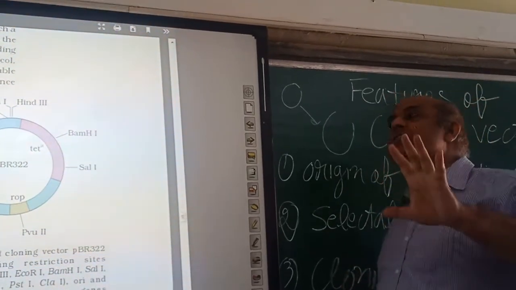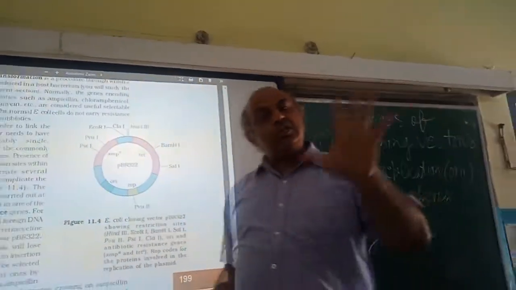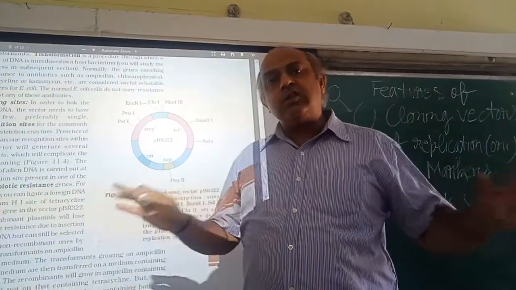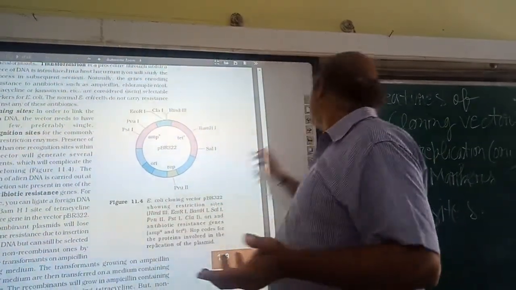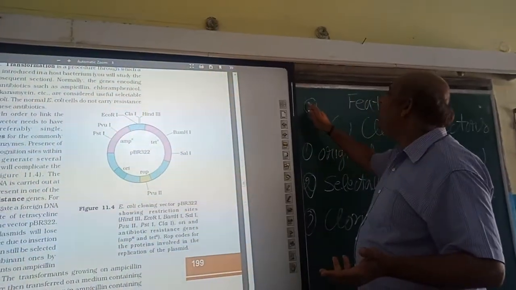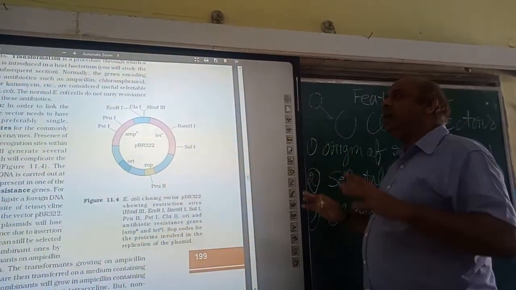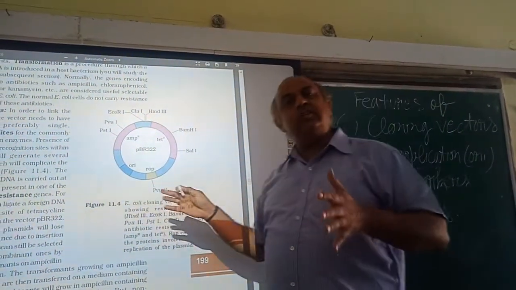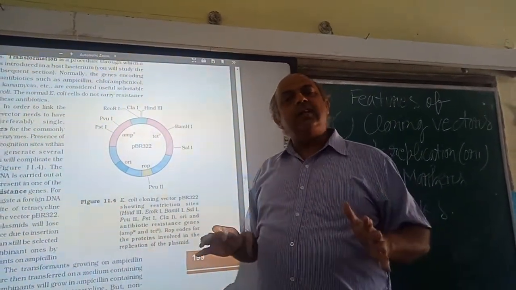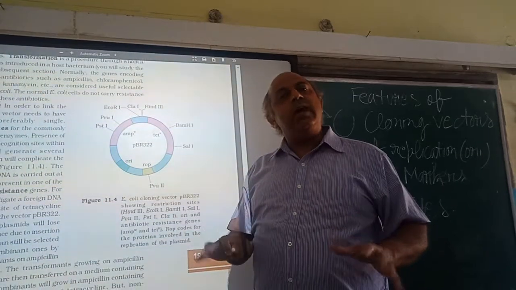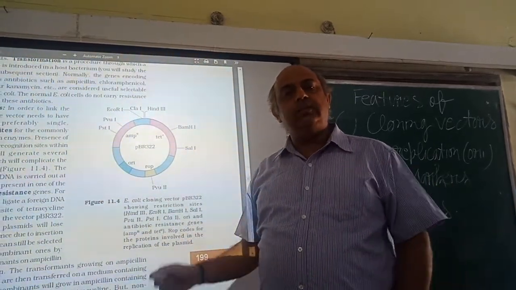If more than one restriction site of a particular restriction enzyme is present, the plasmid will not work because it will get divided into a number of pieces depending upon the restriction sites of that enzyme. In that case, our experiment will automatically fail.